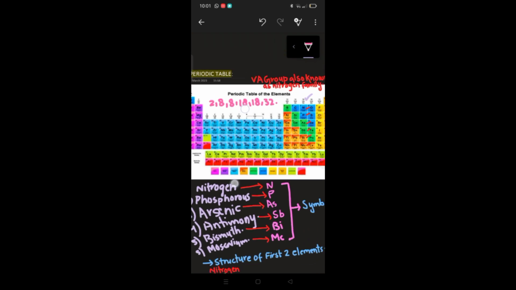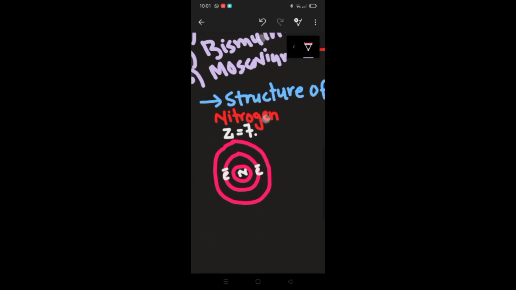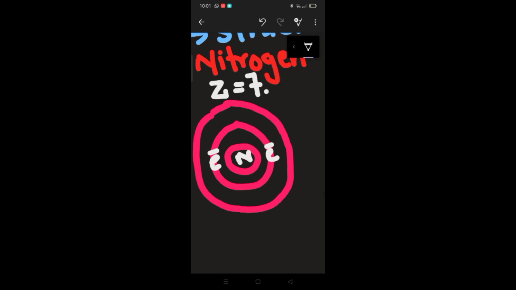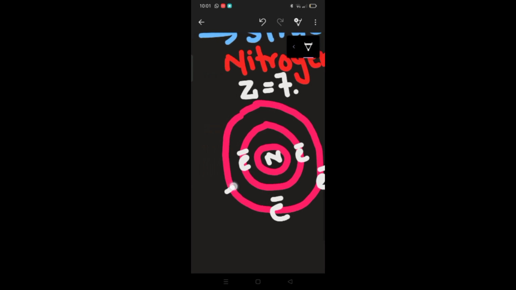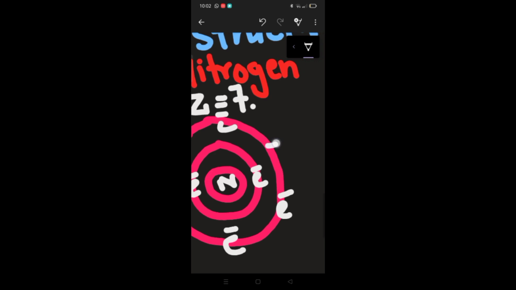According to this configuration, the electrons are set in the shells. So 2 are in the first shell, then we add 8 in the second shell. But here 7 minus 2 is 5, so 5 electrons are left. 1, 2, 3, 4 and 5.